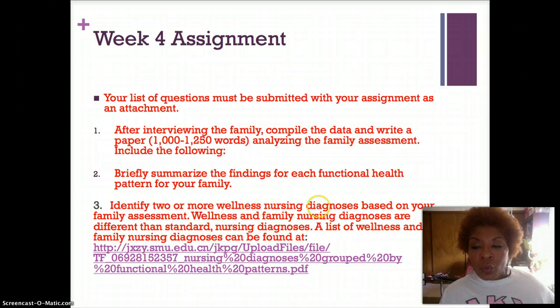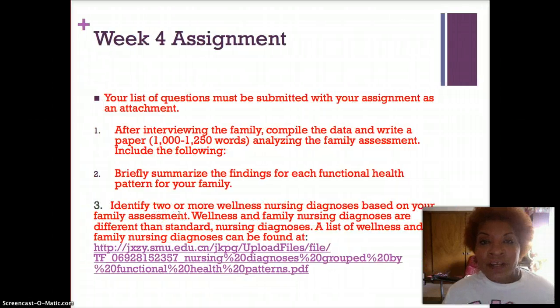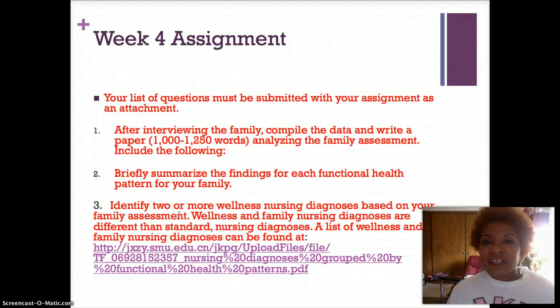So it doesn't ask you to develop a diagnosis for each of the functional health patterns. It's saying identify 2 or more wellness diagnoses based on the information you gathered in your assessment after evaluating and assessing all 11 of the functional health patterns.